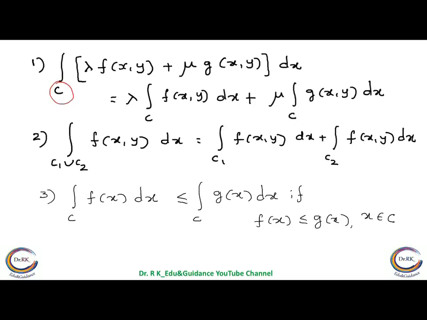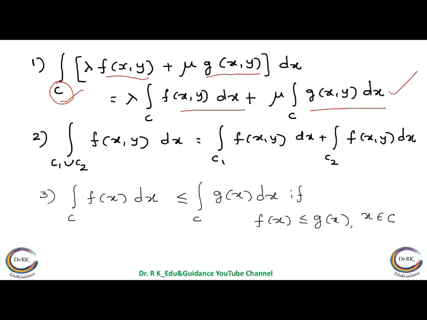The first property: the integral over C of lambda into f of x, y plus mu into g of x, y dx, where lambda and mu are constants or scalars. This is like what we do in regular integration. It is equal to lambda into the integral over C of f of x, y dx plus mu into the integral over C of g of x, y dx. This is the first property.